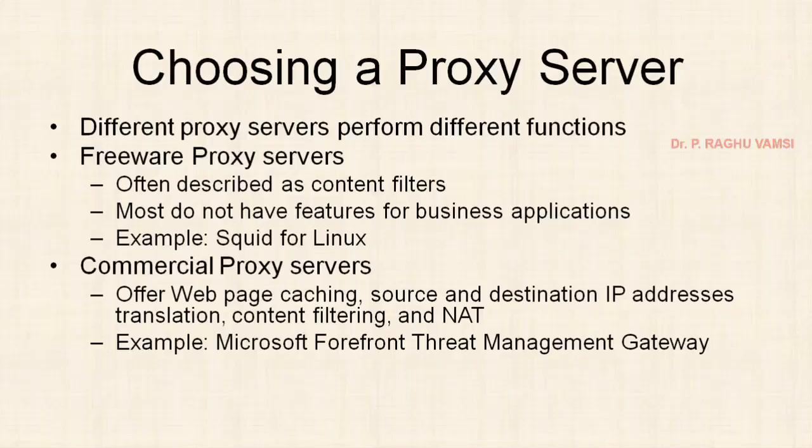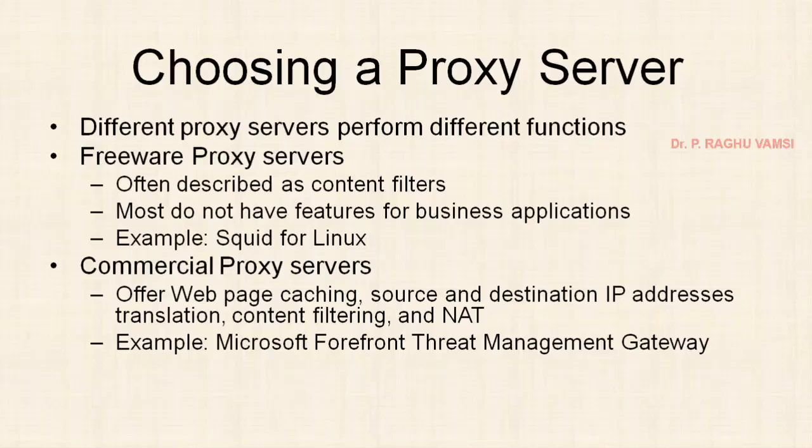Choosing a proxy server. Different proxy servers perform different functions. Freeware proxy servers are often described as content filters. Most do not have the features of business applications. Example: Squid Linux proxy. If you are running a small enterprise, you are encouraged to use this Squid proxy server.